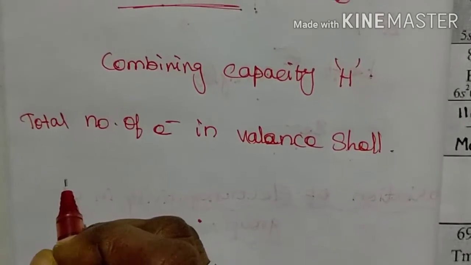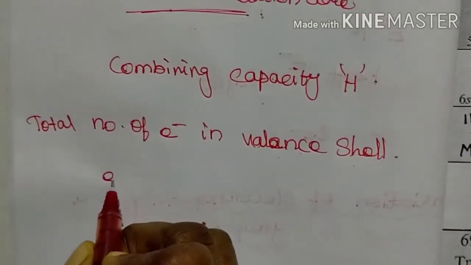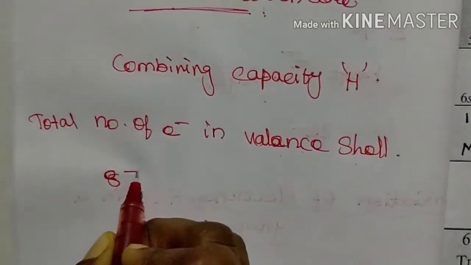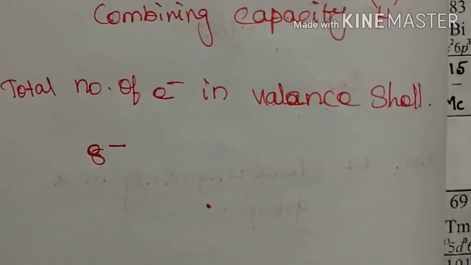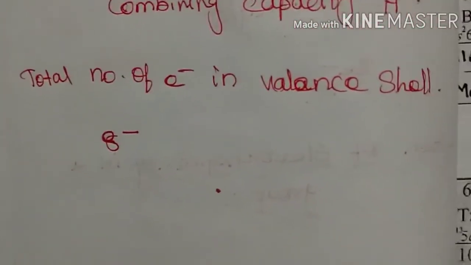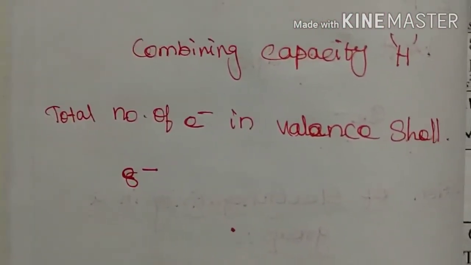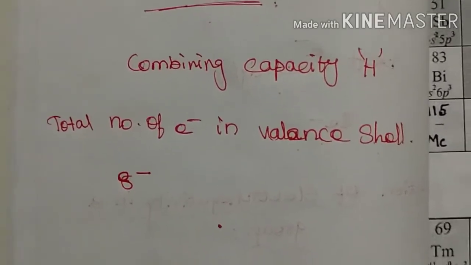And also it is equal to 8 minus the number of valence electrons. So we can use the oxidation number to place the valency.